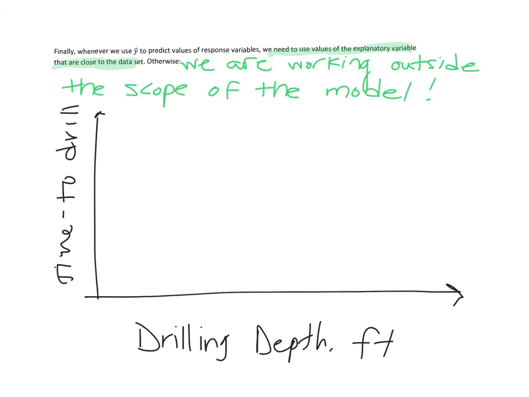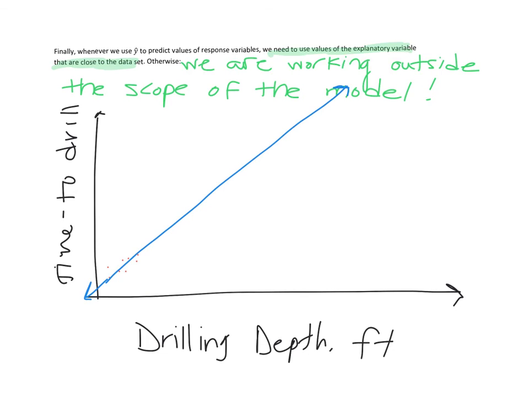All right, and then we had all of our observations, like let's say we had them all right here. Okay, so we only went down to like 200 feet. But we know that we could dig much, much deeper, right? So let's say this is our least squares regression line.